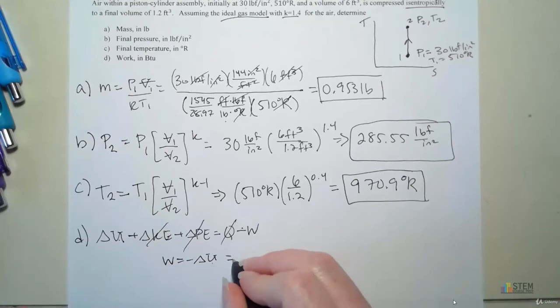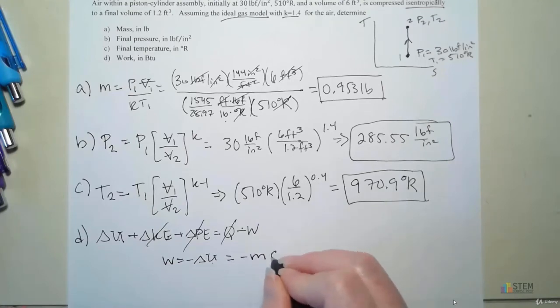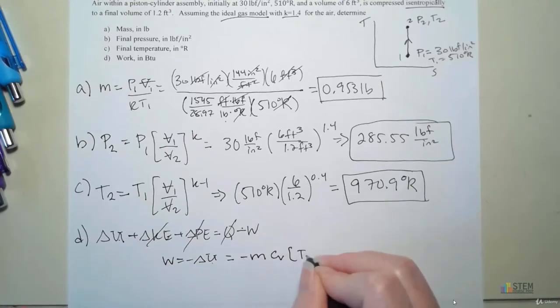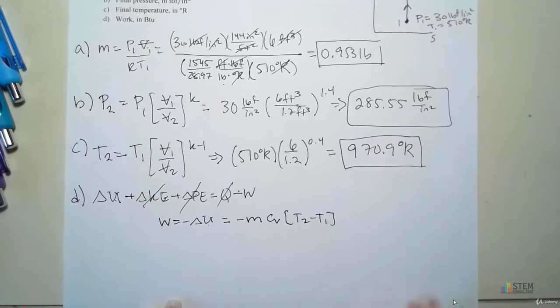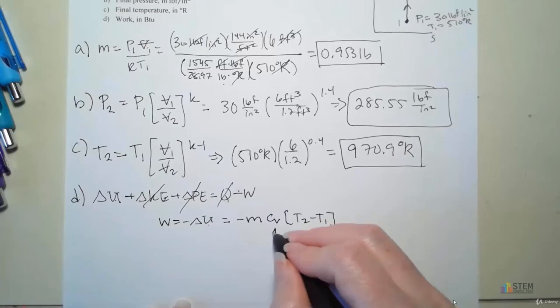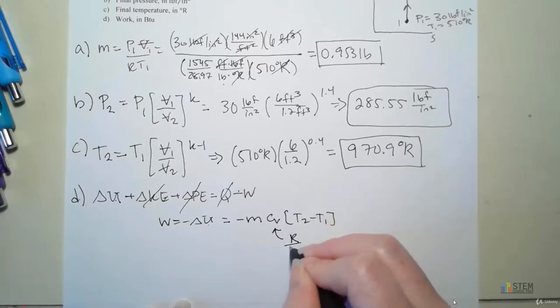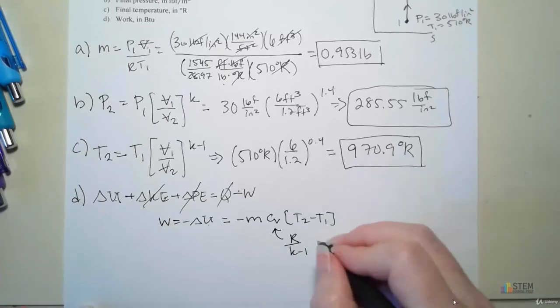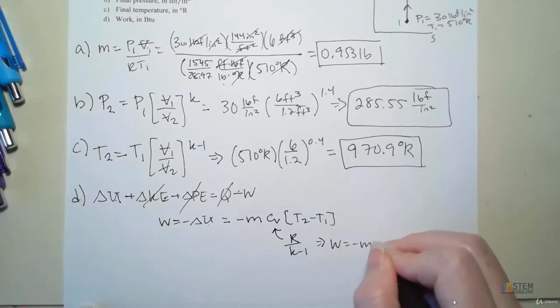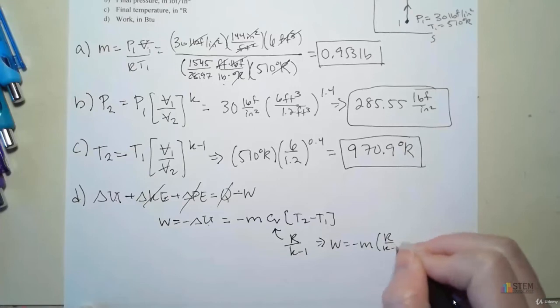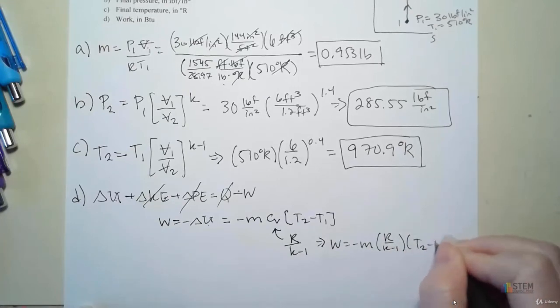We could say that is equal to negative M times CV times T2 minus T1, because this is an ideal gas. Remember, CV is R over K minus 1. So this means work is negative M times R over K minus 1 of T2 minus T1. Now plug in your values.